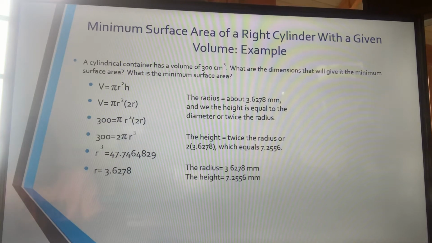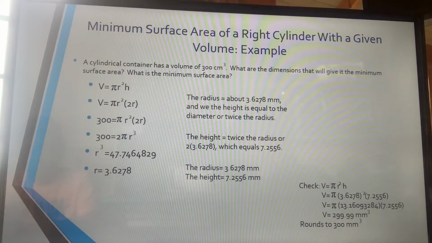So the radius equals about 3.6 millimeters, and the height equals about 7.3 millimeters. We can check this by putting it back into the volume equation. We get 299.99 millimeters cubed, which rounds up to 300, the total volume. This is correct.